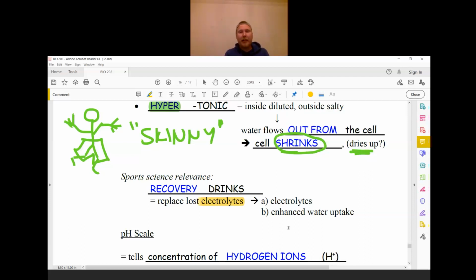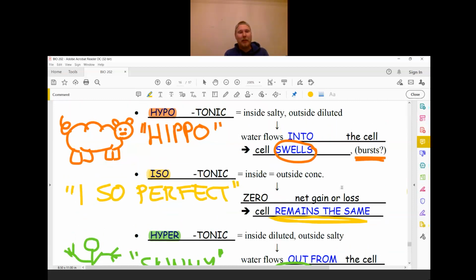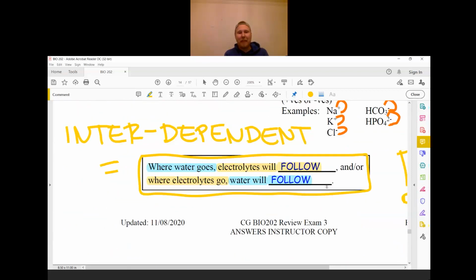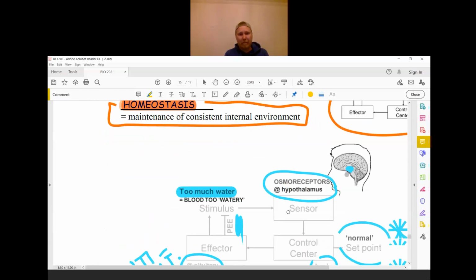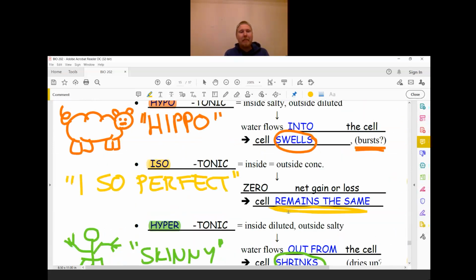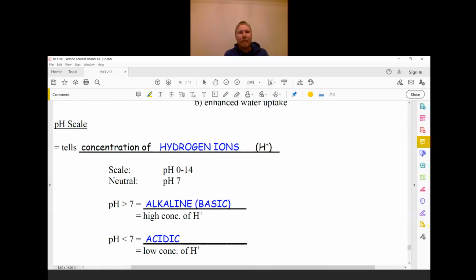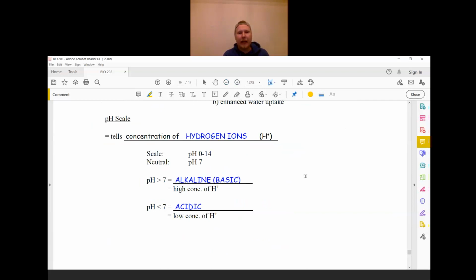Where the fluids go, where the water goes, the electrolytes follow, or the salts follow, as we saw on this topic. If nothing else, do remember that the water and electrolytes are interdependent on each other. Okay, that moves us to the last larger topic of this chapter.